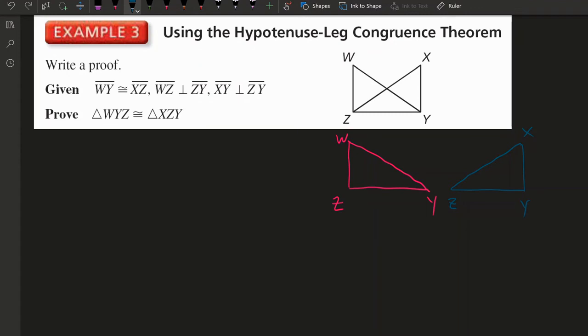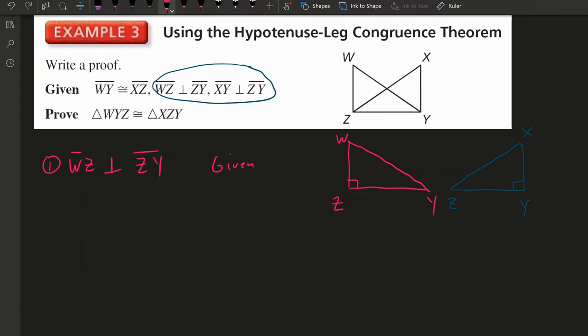So the first thing I want to look at is these two perpendicular lines. So that means that this angle is a 90-degree angle and this angle is a 90-degree angle. So since they're perpendicular, I can say step 1, WZ is perpendicular to ZY, and that is given.